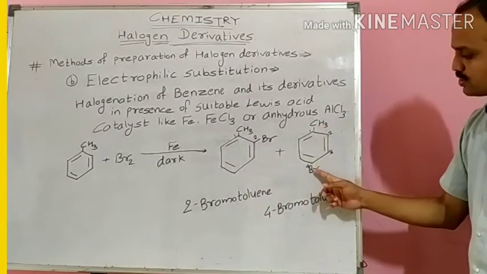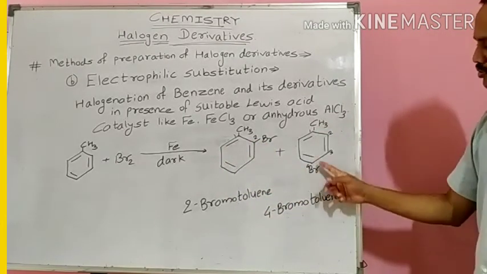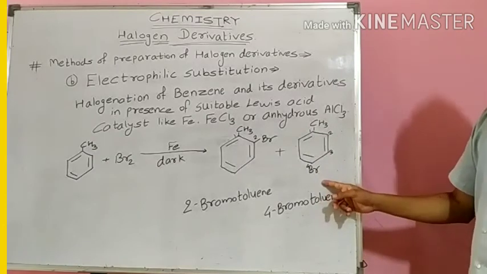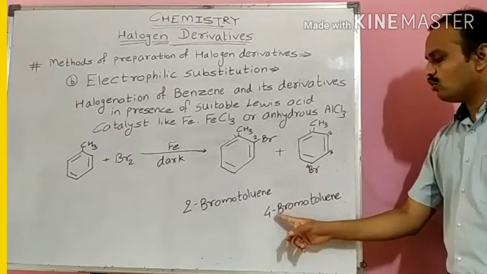Here bromine is attached to the para position. Therefore, the name of this compound in the common nomenclature system will be p-bromo.